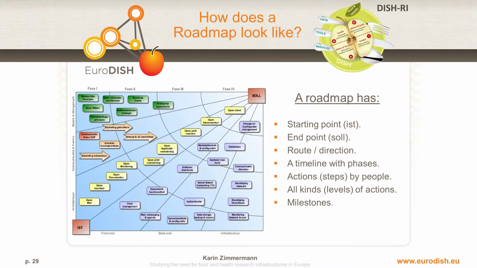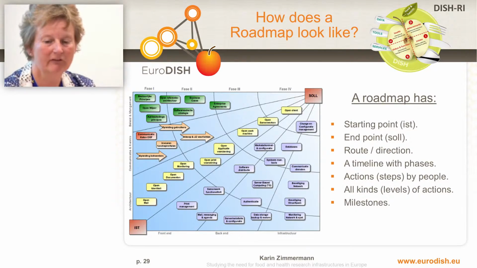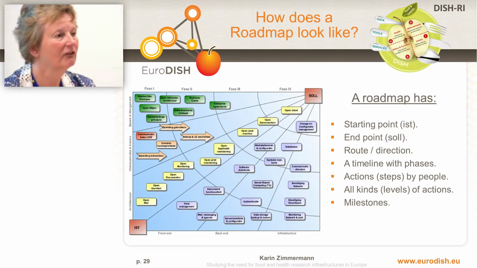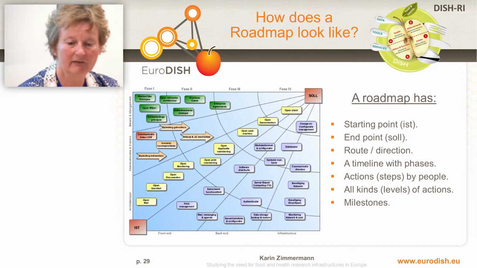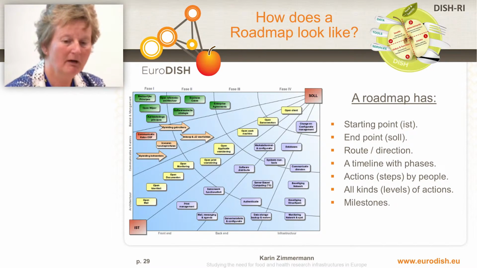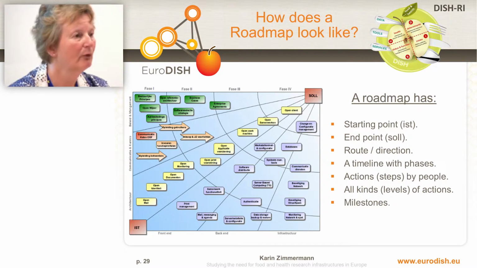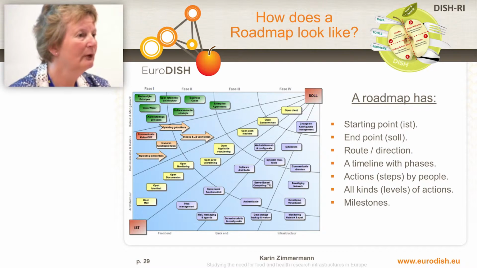A direction, framing it within a timeline with different phases, actions and steps made by people or perhaps deliverables to be obtained, and all kinds of different actions, the milestones, which are contributed to by the path we are taking, and also additional actions contributing to the milestones. So this is where we're talking about roadmaps in general.